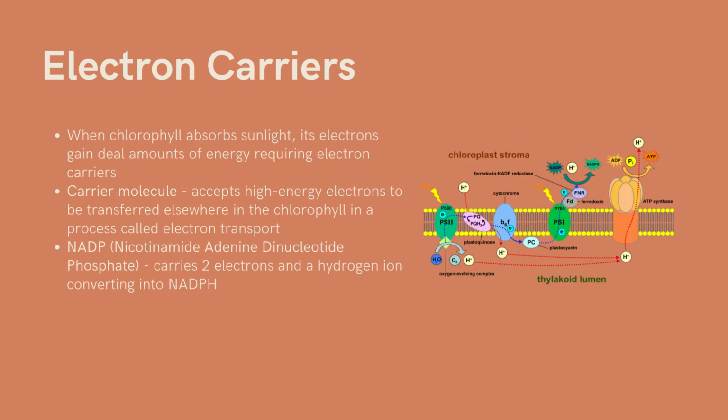Now we will talk about electron carriers. When chlorophyll absorbs sunlight, its electrons gain great amounts of energy, requiring electron carriers. Imagine you have a hot coal in your backyard.